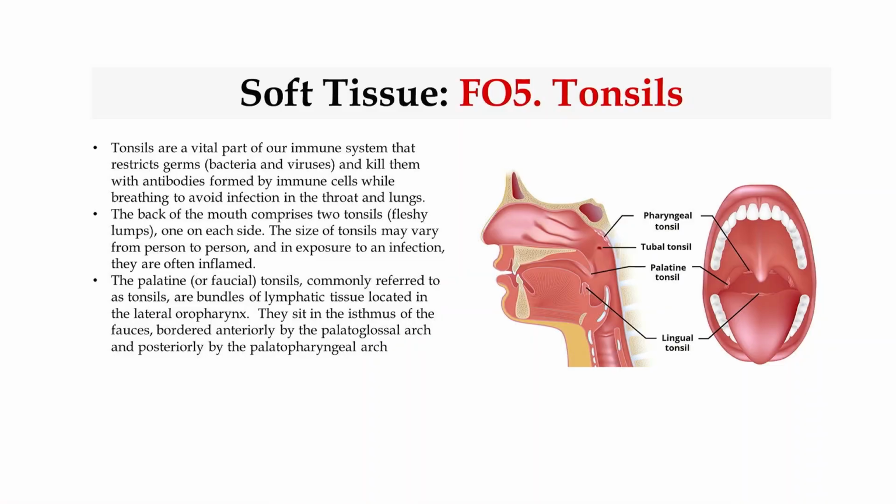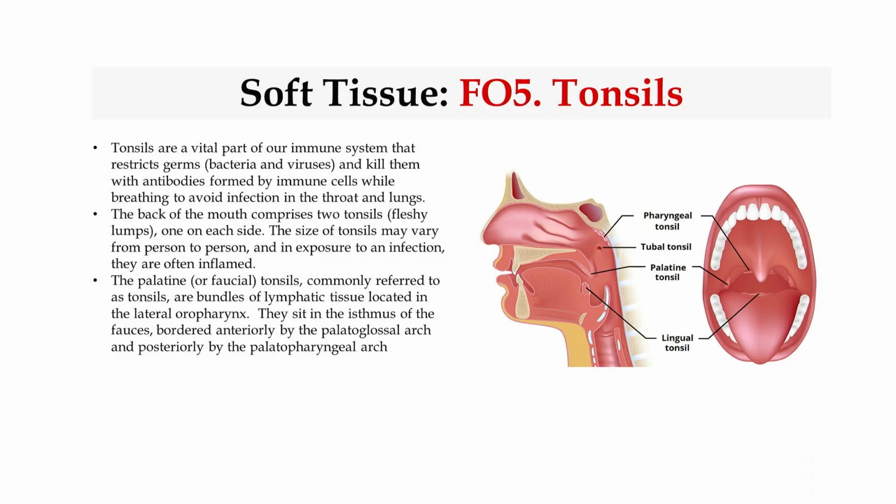The palatine or faucial tonsils, commonly referred to as tonsils, are bundles of lymphatic tissue located in the lateral oropharynx, right? They sit in the isthmus. Isthmus is a term used in European literature.